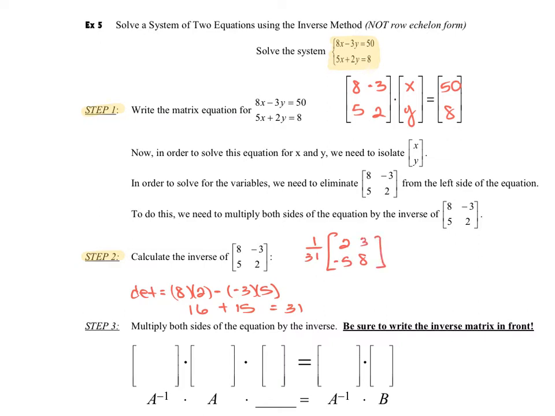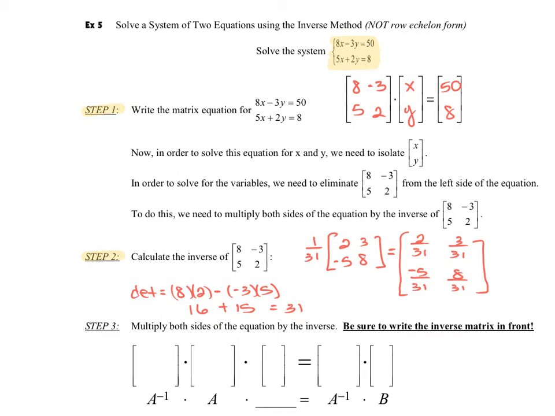Now I'm going to distribute that 1 over 31, as gross as it is. So I'm going to have 2 over 31 and 3 over 31, -5 over 31 and 8 over 31. It looks bad, but remember the whole point is that it's going to help us get rid of our variables.